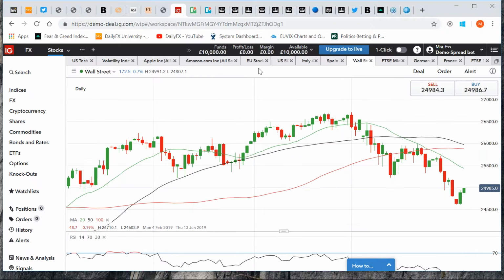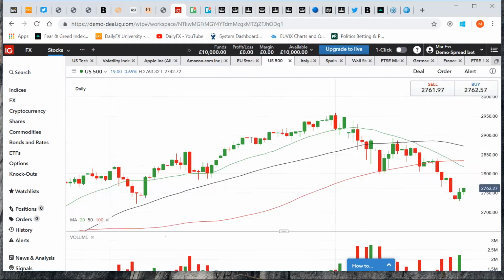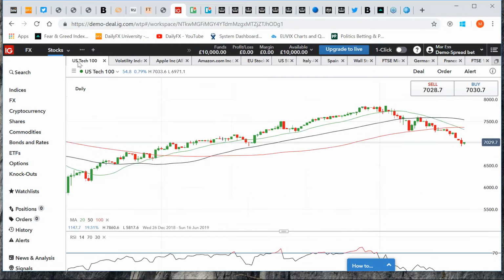Let's have a look at the broader US stock market. This is the S&P 500, and you can see exactly the same picture. And one that I don't normally look at, which is the US tech stocks, and they are, well, still going down.